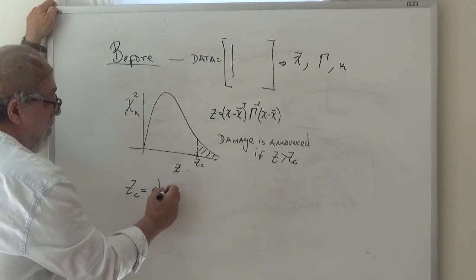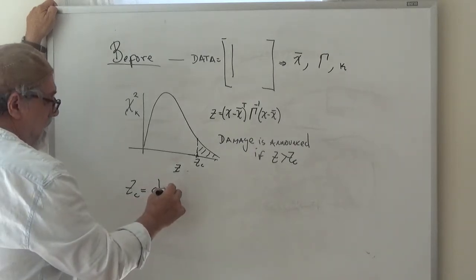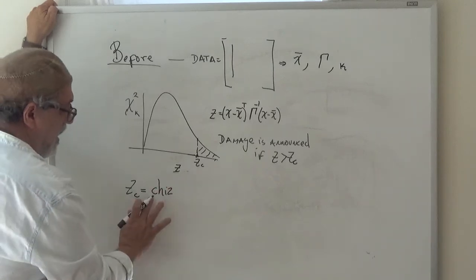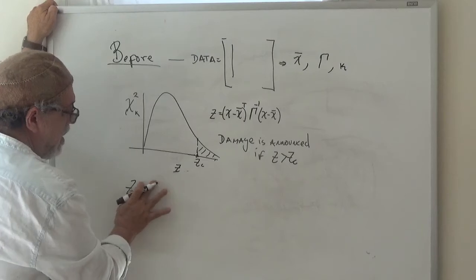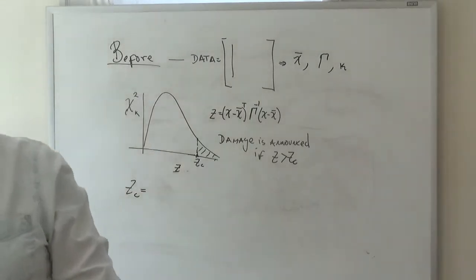chi squared, is it chi? Chi squared, no, I can't remember the command. It's inverse CDF. Let's see if this is on.